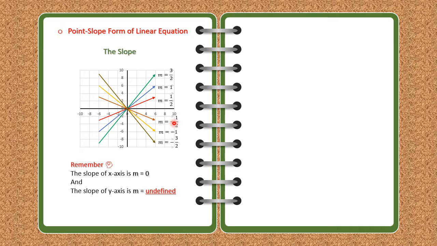When you look at the slope, you can imagine the direction of that line and how it looks. But remember, the slope of the x-axis or any line parallel to the x-axis equals 0, and the slope of the y-axis or any line parallel to the y-axis is undefined.